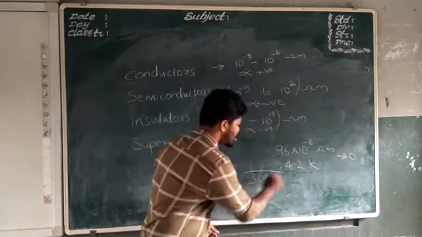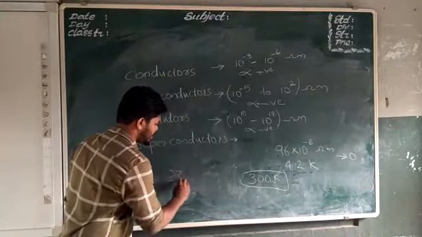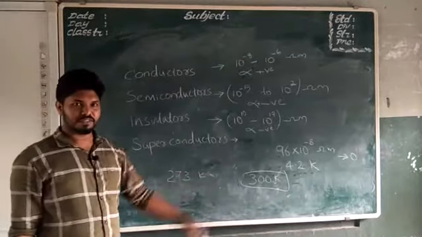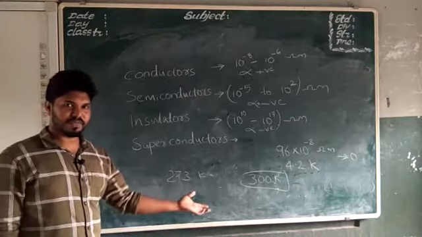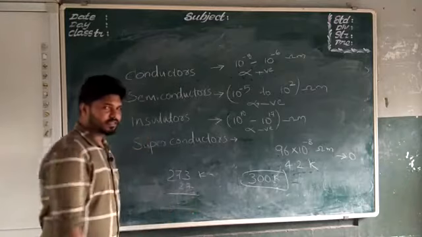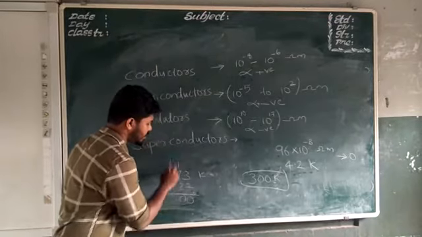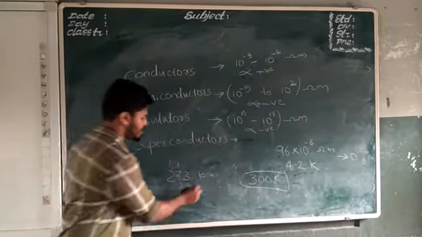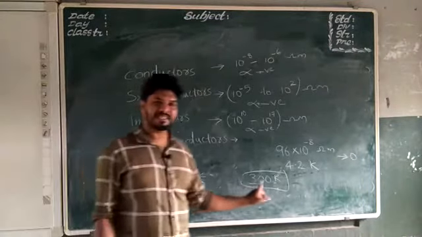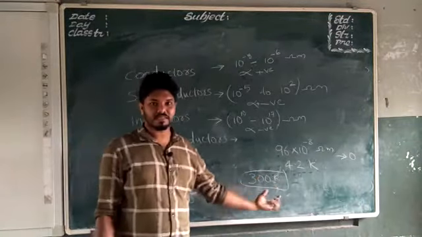What is the importance of 300 Kelvin? 273 Kelvin equals 0 degrees Celsius, so 300 Kelvin means 273 plus 27. 27 is almost room temperature. So scientists are searching for a material which becomes a superconductor at 300 Kelvin.